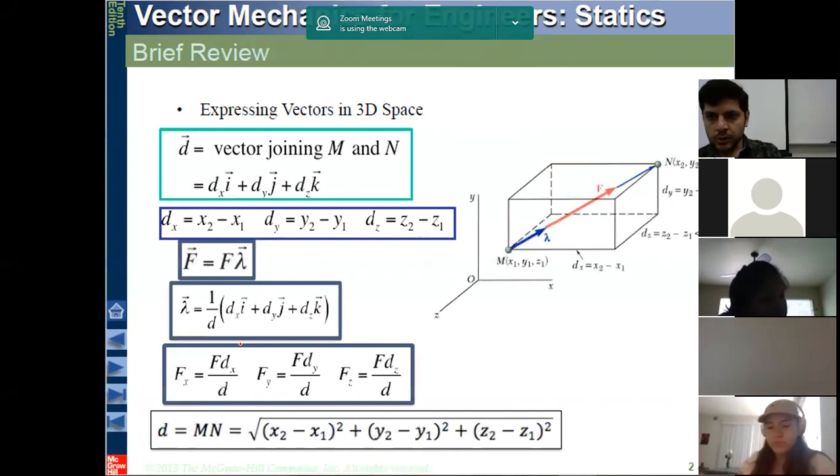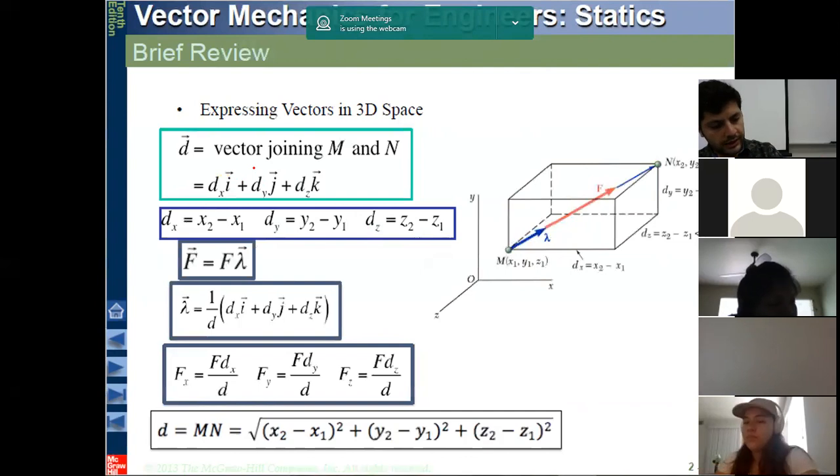accurately. So in 3 dimensions, let's just have a reminder about the vectors in 3 dimensions. In order to represent a vector in space, we need the direction and the magnitude.